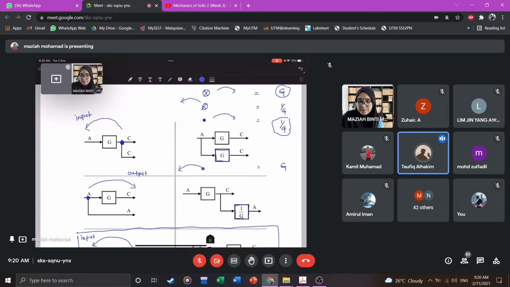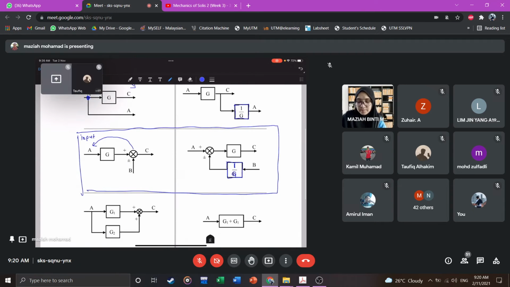Toward the input. Yes, this one. Okay. So when you move a summation point toward the input, you will need to multiply it with 1 over G. Here you can see the input arrow for the summation point is B. But after you have moved toward the input, B will need to multiply with 1 over G, meaning you need to add a block here.